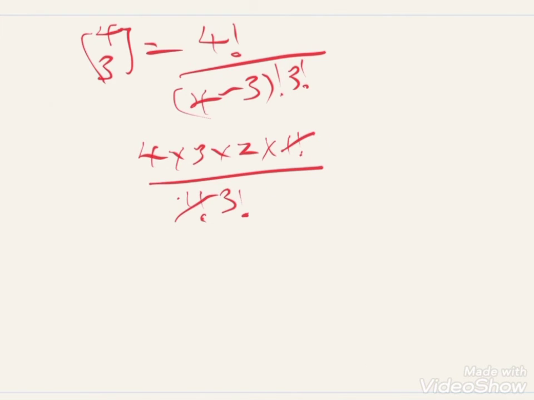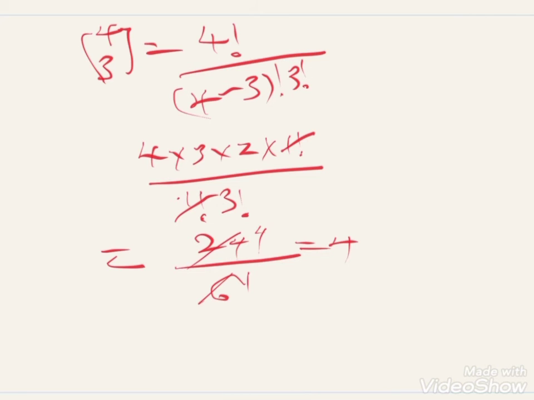Now 3 factorial is 3 times 2 times 1, which is 6, so in our divisor we have 6. 4 times 3 is 12, and 12 times 2 is 24. The 24 divided by 6 gives us 4. So 4 combination 3 is 4, all right?